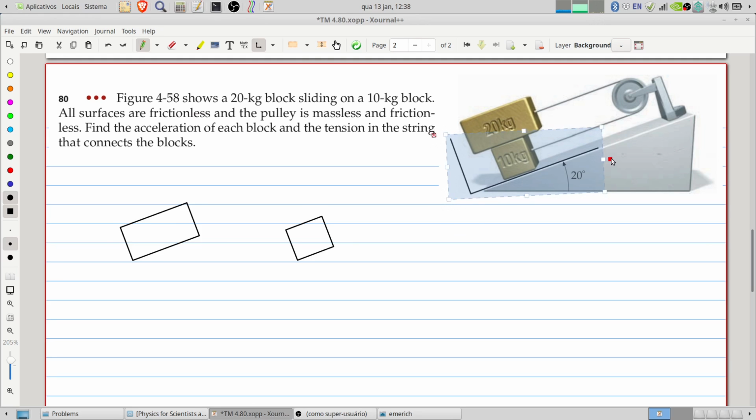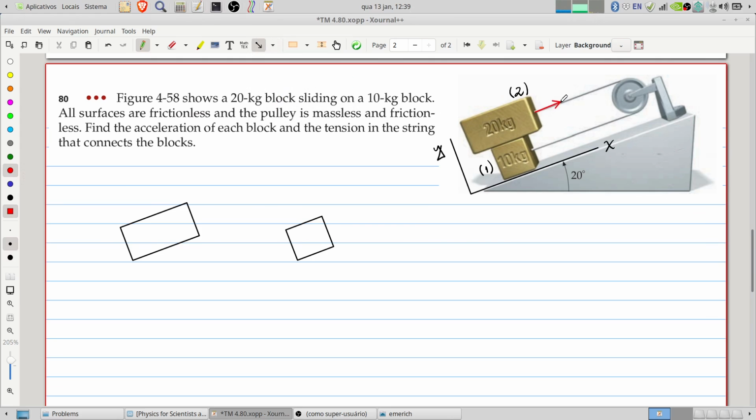Okay, so here we have our X and our Y direction. And let's identify the blocks as block 2 of 20 kilograms and block 1 of 10 kilograms. Now let's draw the forces acting on these blocks.